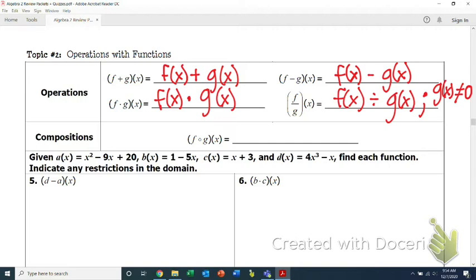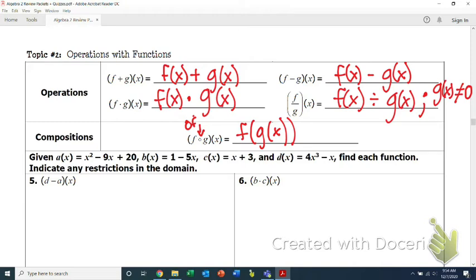Now, the composition, this is what this is talking about. It's read as f of g of x. Okay? F of g of x. Yes, I know it looks like a multiplication sign, but that right there means "of."